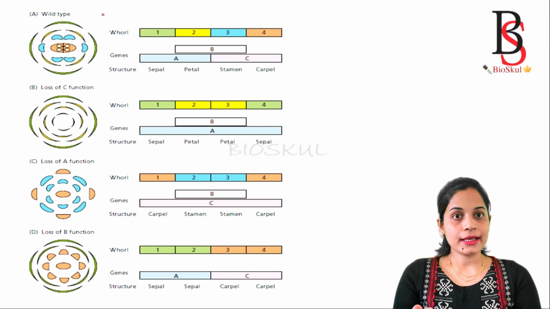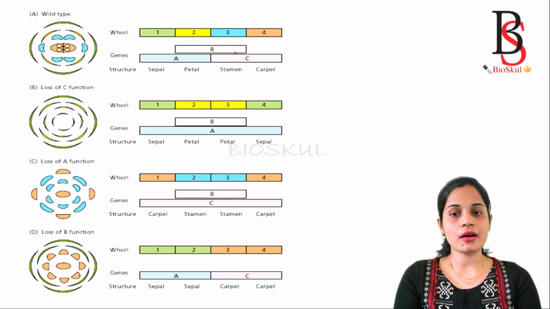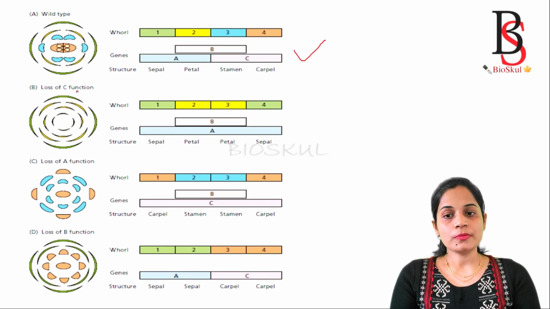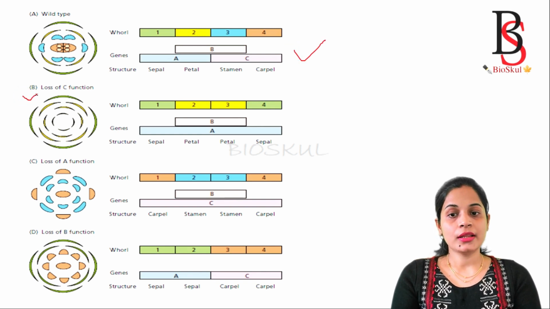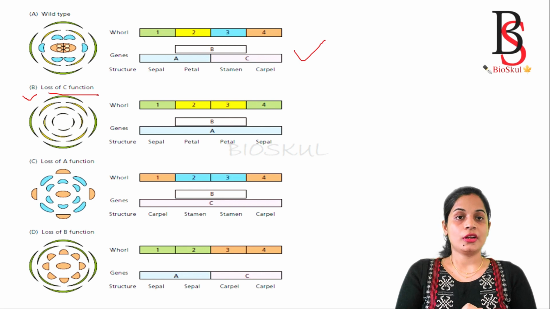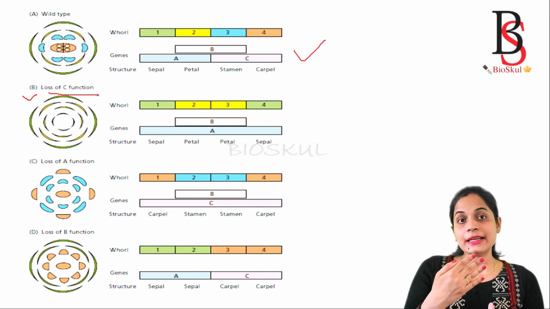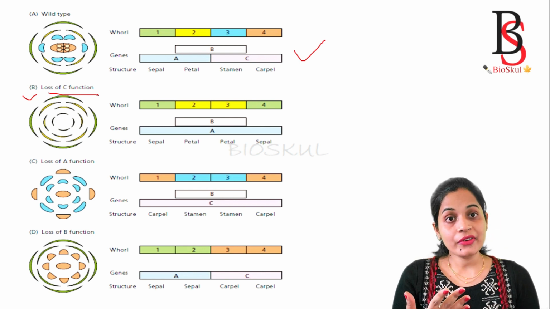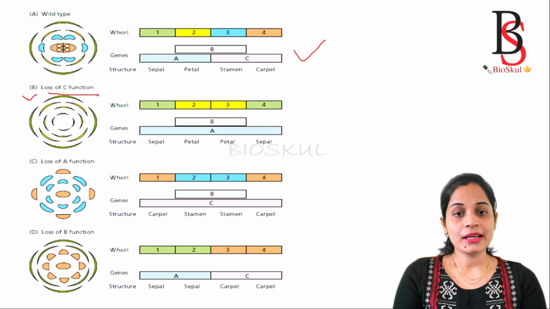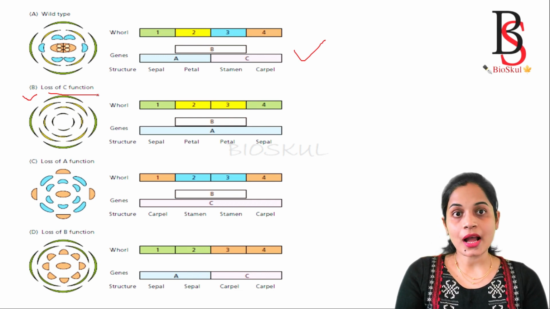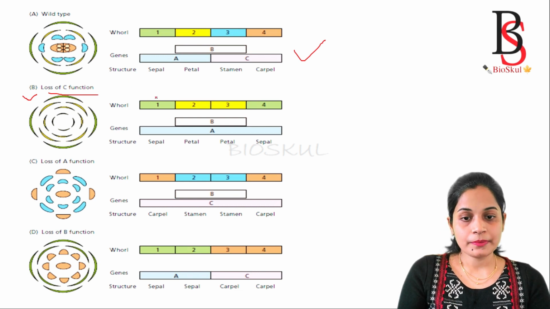So let's see all the examples. This is the wild type, what we have discussed just now. Then the option B, there is a loss of C function. Okay, if the function of C is lost, then A will be expressed in place of C, and now we'll see how the floral development takes place. So what happened, the C is absent.